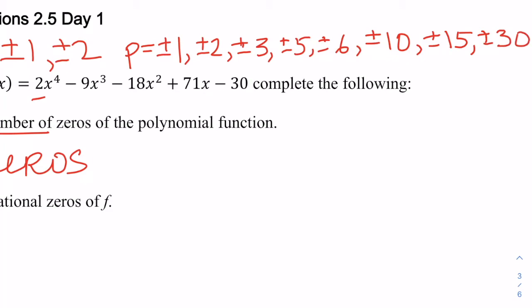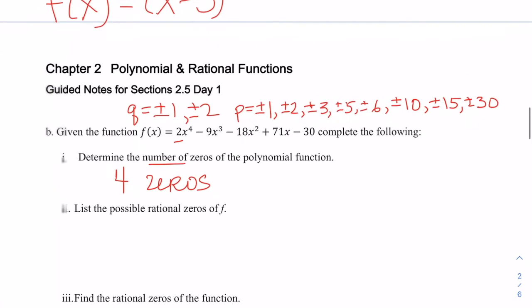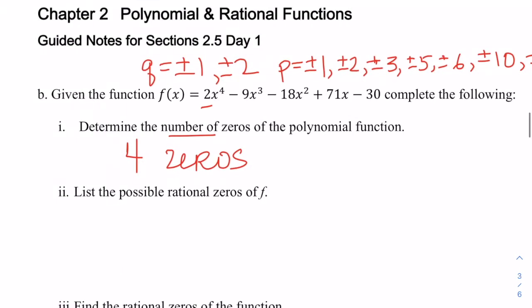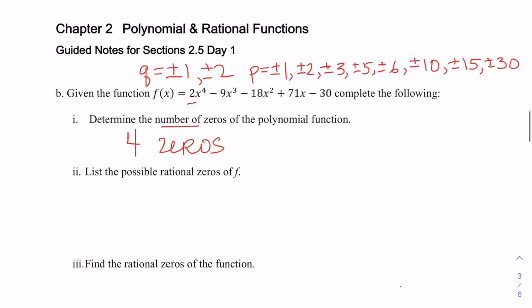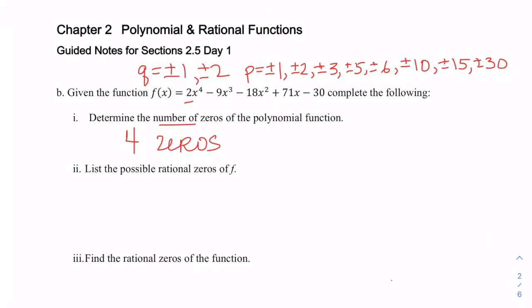All right, so we're going to have our hands full because there are a lot of possible rational zeros, because we're going to have to divide everything by 1, so essentially everything on that list for p, and divide them by 2, so that'll add some more. So p over q for all of our possible rational zeros, I'm just going to start with the largest, plus or minus 30, because when I divide that by 2, I get 15, which is the next one on the list. And when I divide 15 by 2, yeah, that's not on the list, right?